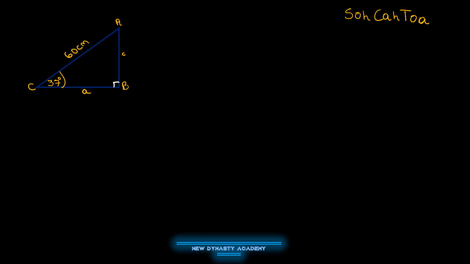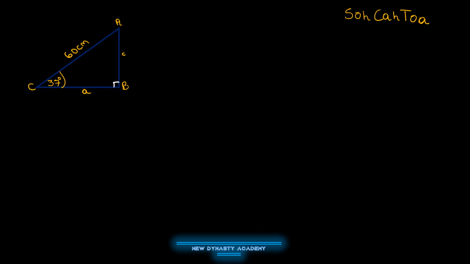Now let us go on and solve this triangle. We are going to calculate the measures or the lengths of these sides. Let us start with C, which is opposite to our angle of interest, and we are given the hypotenuse. We know that that is the hypotenuse because that is the longest side, and besides that it is opposite the 90-degree angle.